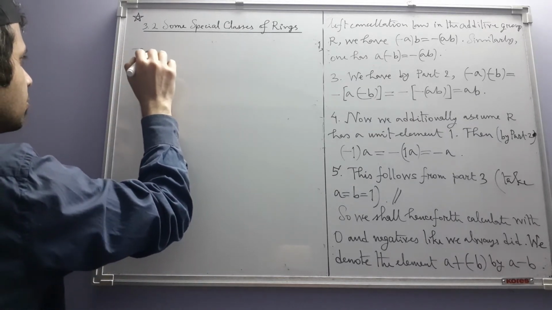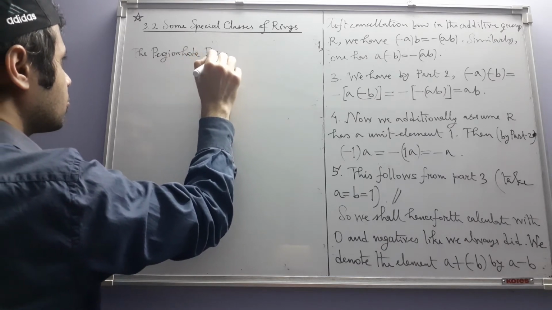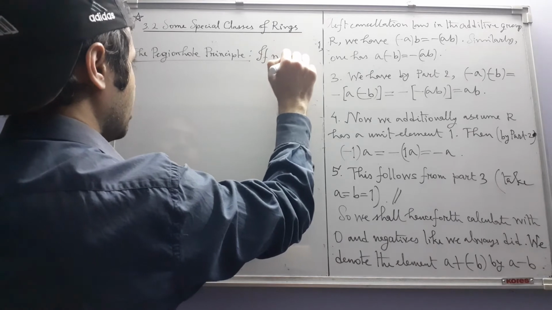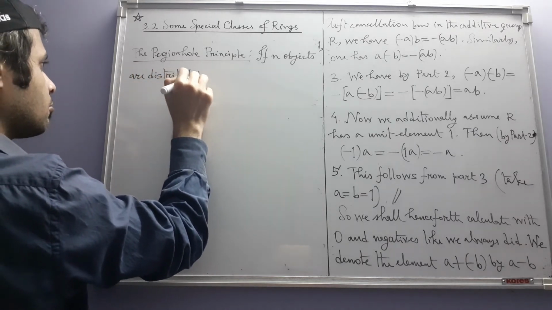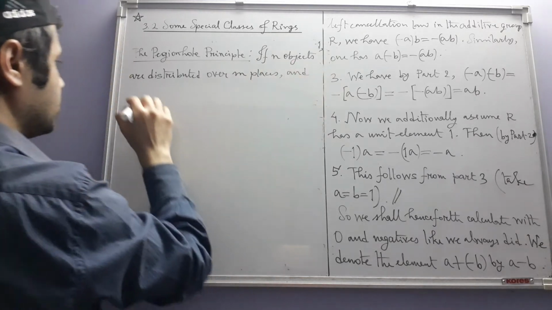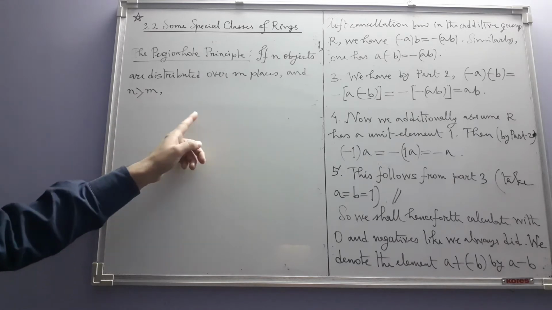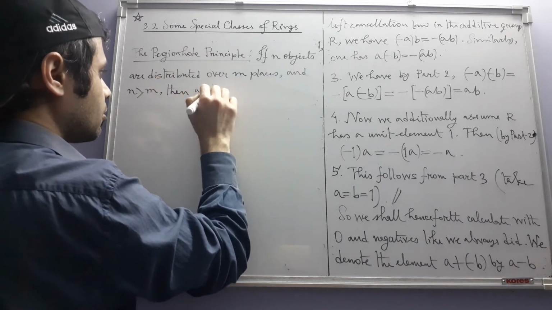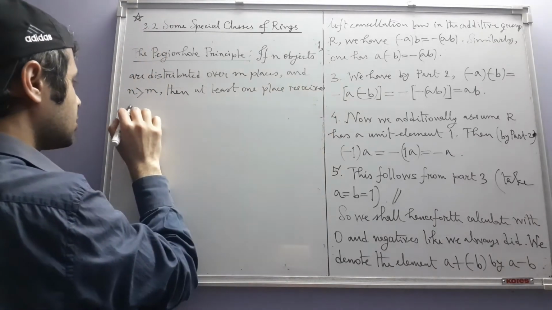And that is the pigeonhole principle. If n objects are distributed over m places and n is greater than m, if the number of objects being distributed is greater than the number of places where the objects are going to be put, then at least one place receives at least two objects.